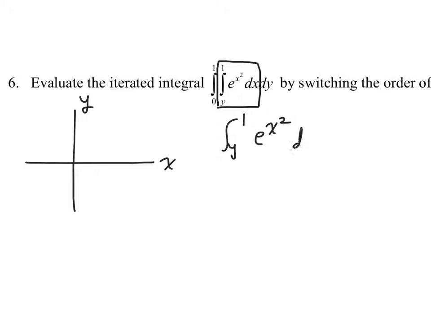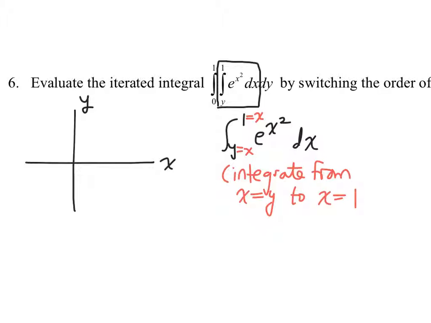The bounds are in terms of x, so that would mean that you have some x value that's equal to y, and you have some x value that's equal to 1. All right? So really what we're saying is integrate from x equals y to x equals 1. It's really the order in which you're doing your integration.